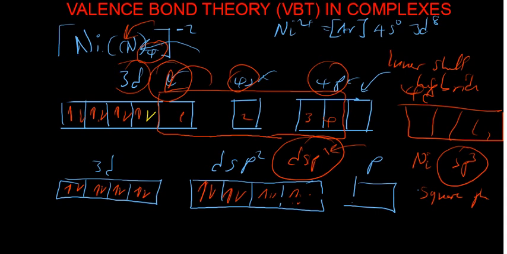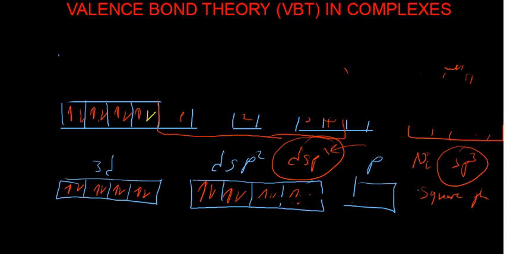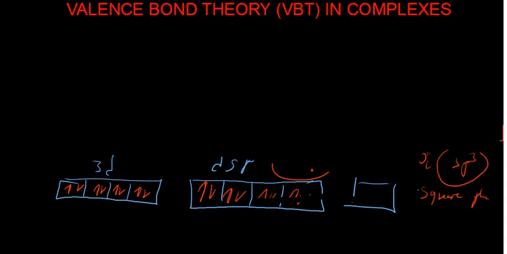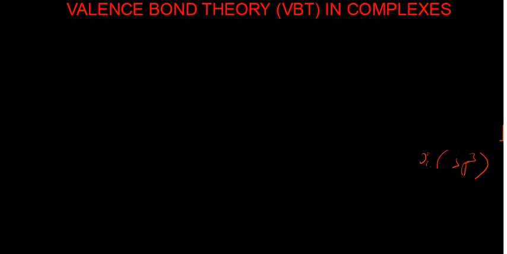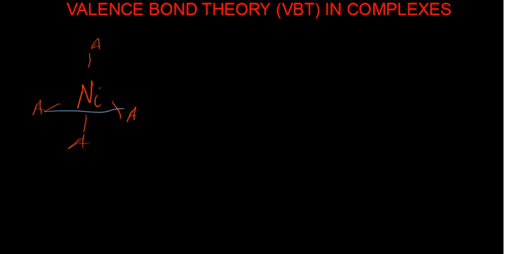So now for square planar, how does it look? So the difference between tetrahedral forms something like that. Where I even showed this, it was something like this.